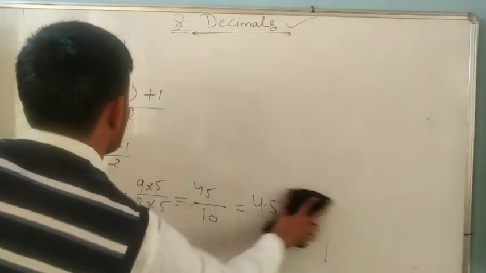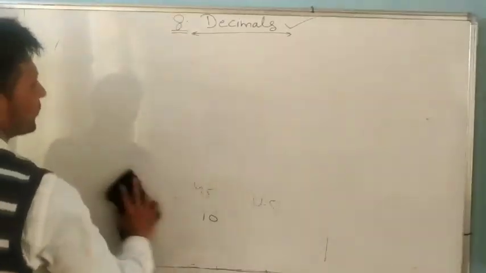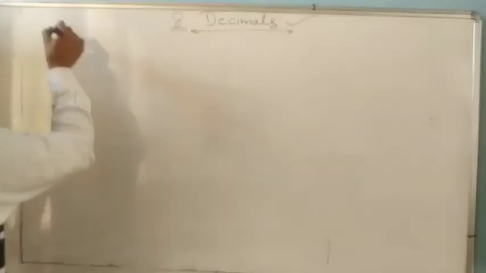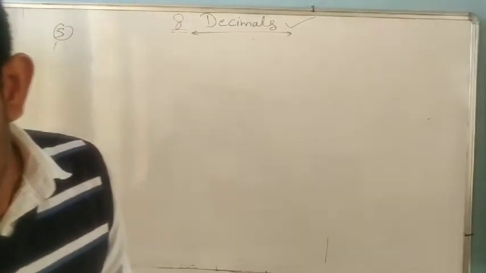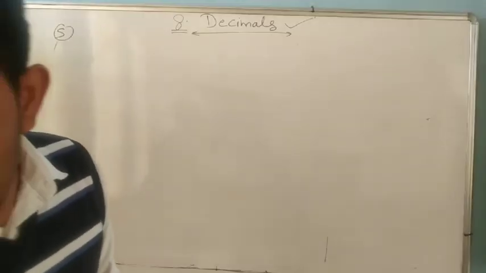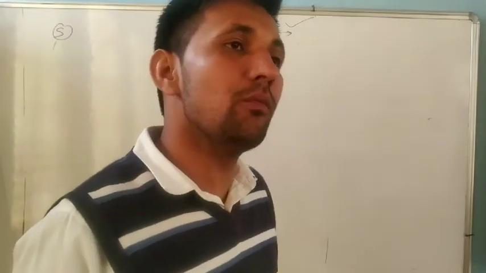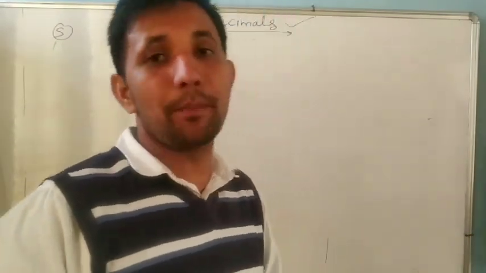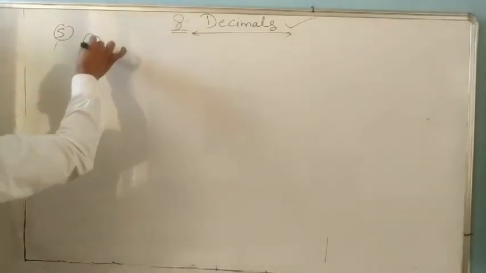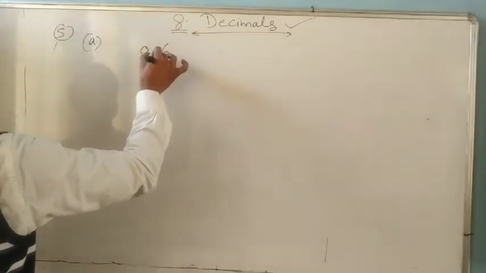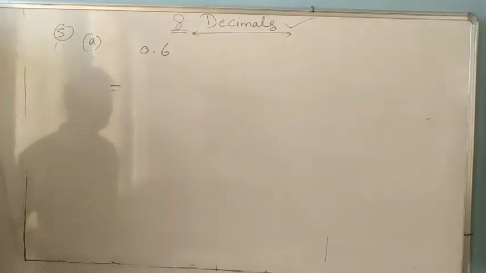Next is the last question of today. Question number 5. Write the following decimal as fraction and reduce the fraction to lowest form. Everyone knows lowest form or simplest form is same. Okay. First is A part, 0.6. So first it is decimal form.